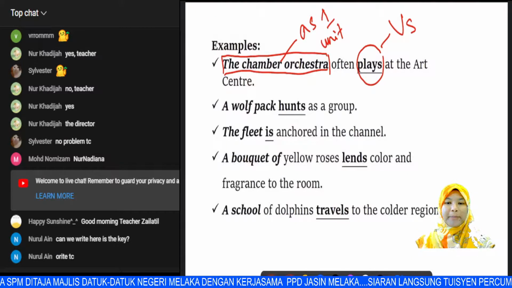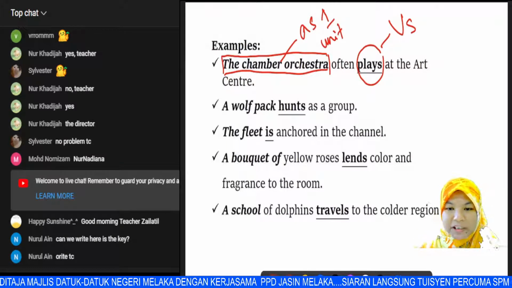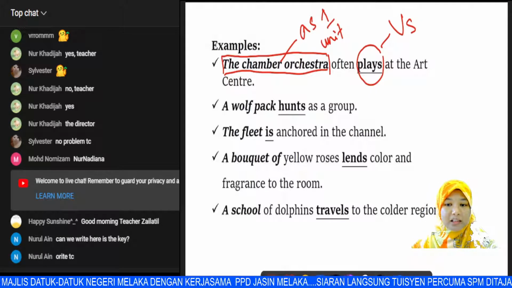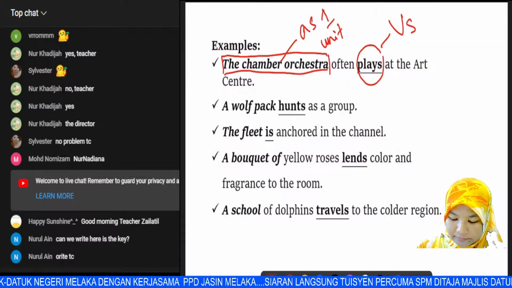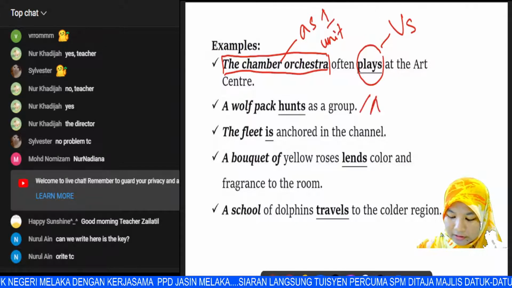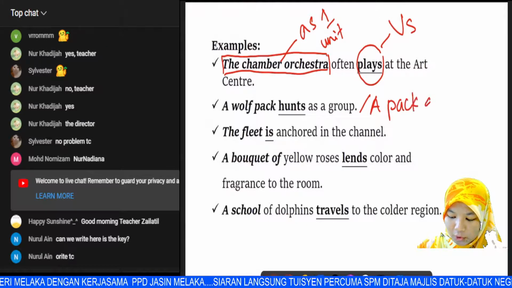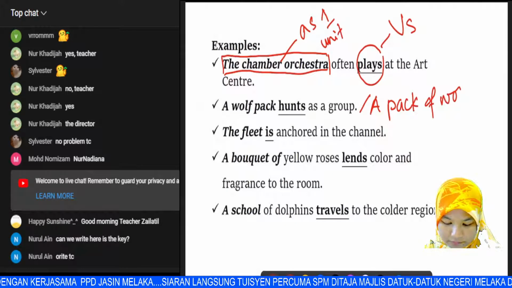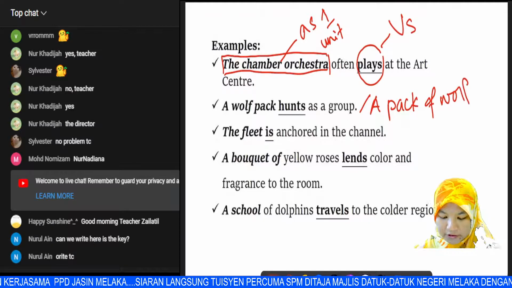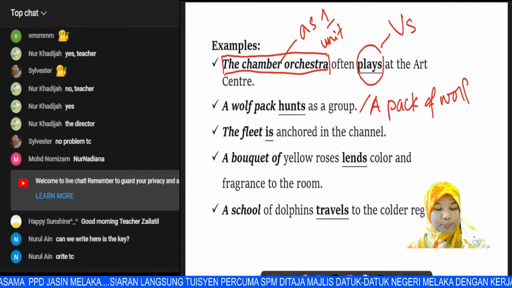Example number 2. A wolf pack hunts as a group. Or you can write, a pack of wolves hunts as a group.